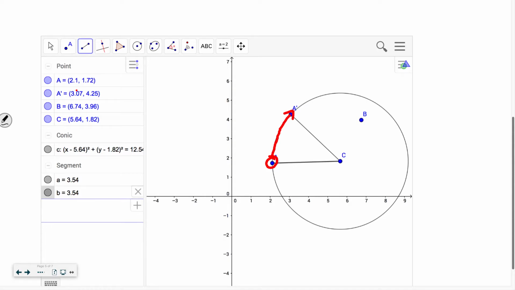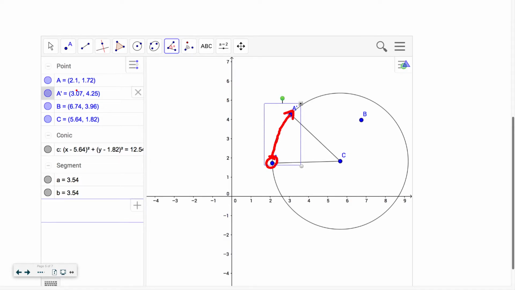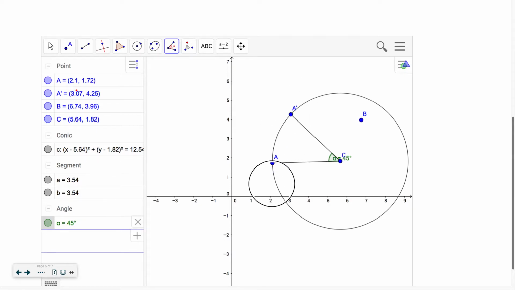Now, what is that angle? Do you remember what angle I said that was? I want to measure that angle. So that's an angle of 45 degrees. We good so far? All we're doing is traveling along an angle. I've rotated A, sorry, clockwise 45 degrees.